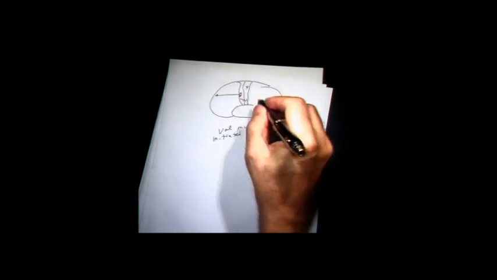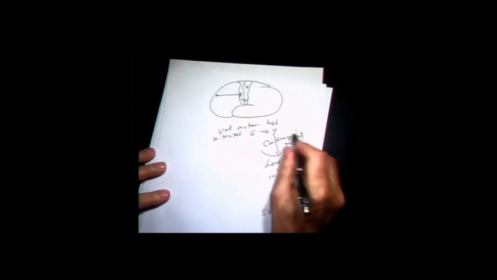And again, we're going to spend hours, weeks talking about these circuits. Now, how does the information go from 4 down on the corticospinal tract?